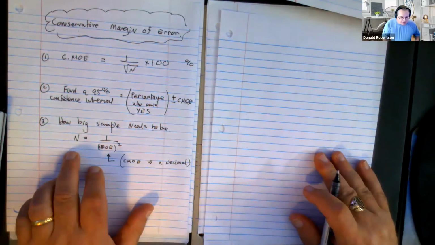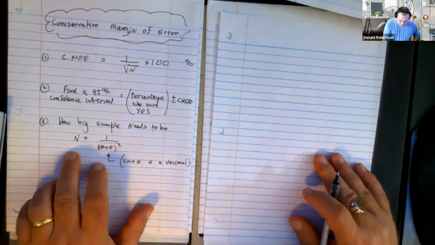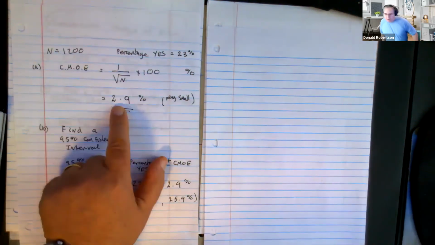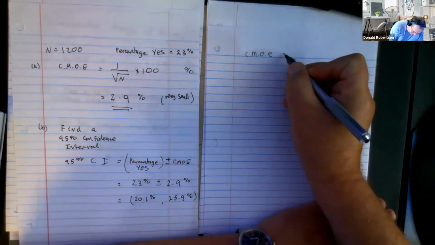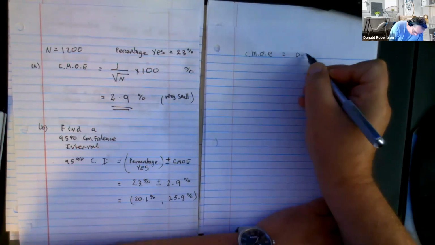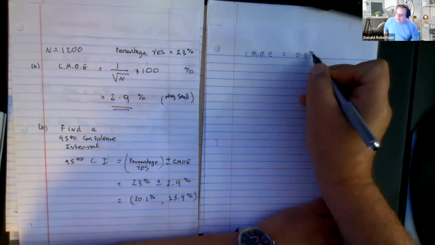Now, the third question is, how big does a sample need to be? This particular sample generated 2.9% margin of error, right? Let's suppose I want to do a survey and I want this margin of error to be, I don't know, 0.5%, right?